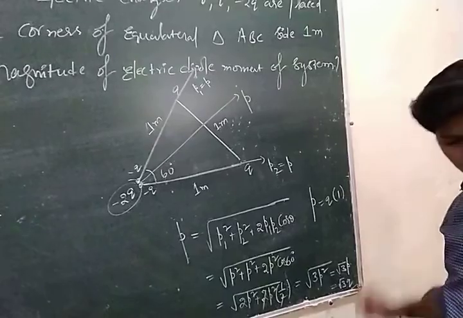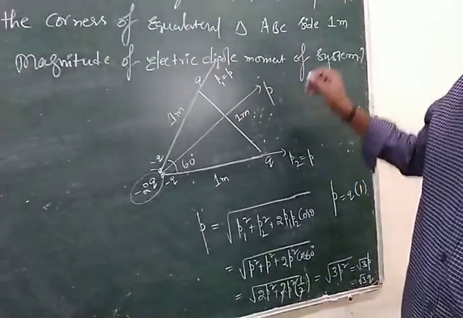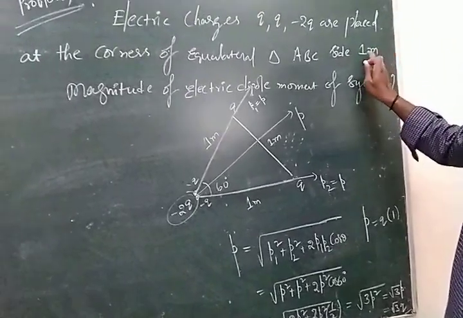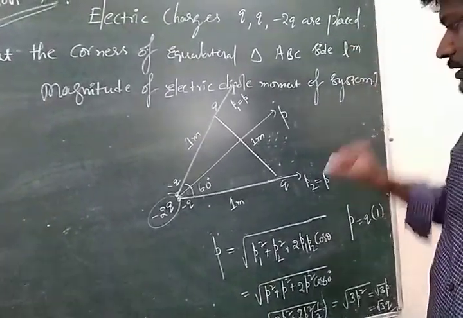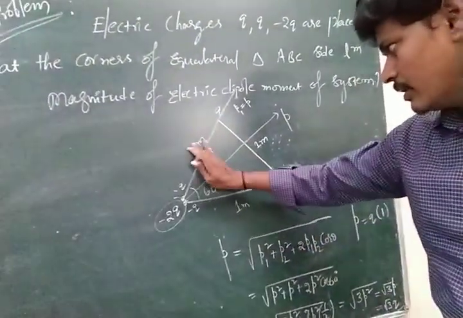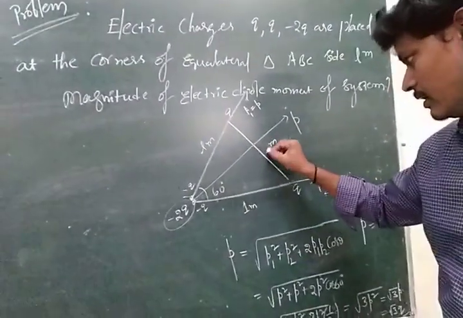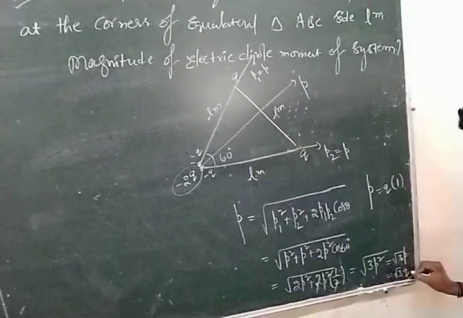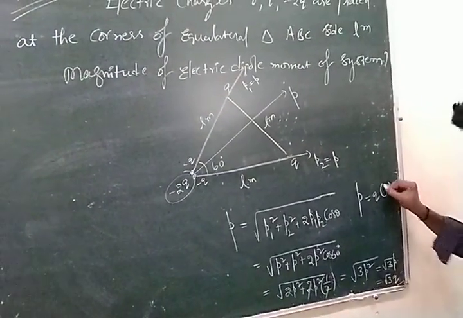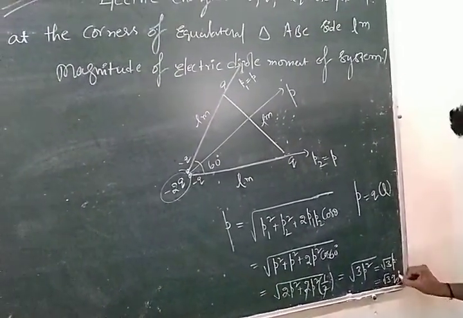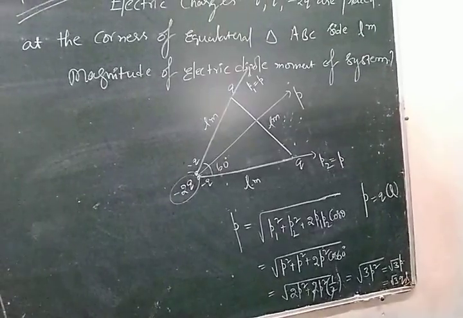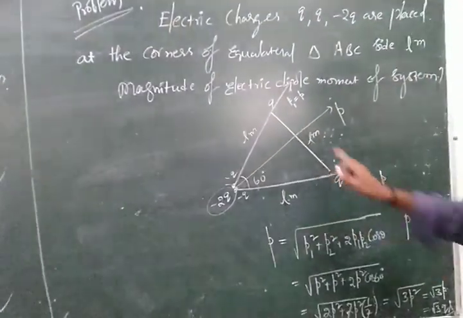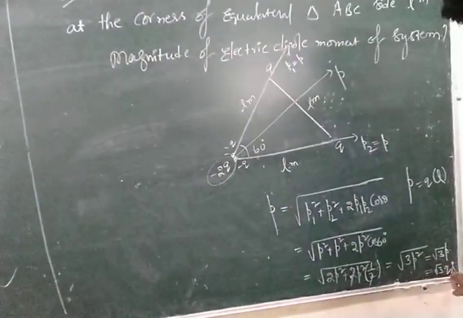Root 3 into Q. Actually if the side is mentioned as L centimeter, then for example that is L. Therefore the expression is P equal to Q into L, so root 3 into Q into L. If it is mentioned as 1 meter, that is 1. Instead of this L we can take 1.